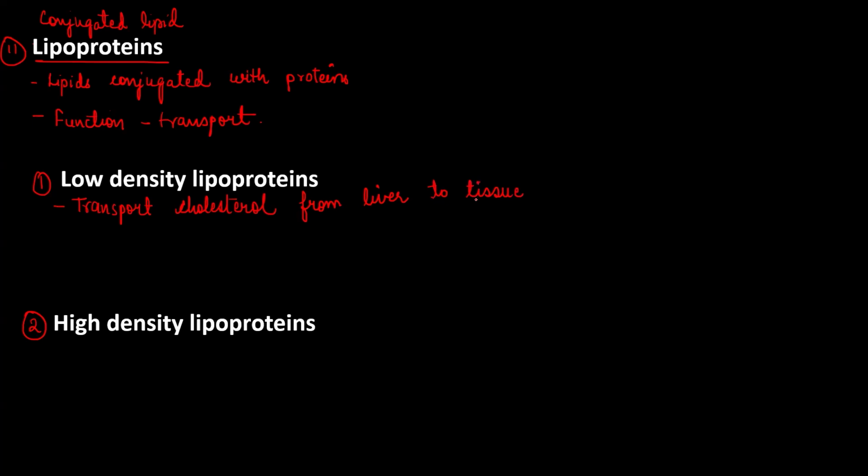And how do they transport this? They transport it via blood. Most of the transportation in our body takes place via blood. So these low density lipoproteins take cholesterol from the liver and transport it to the tissue. But this cholesterol is the bad cholesterol, because it gets deposited in the tissue and hence increases the risk of cardiovascular disease.